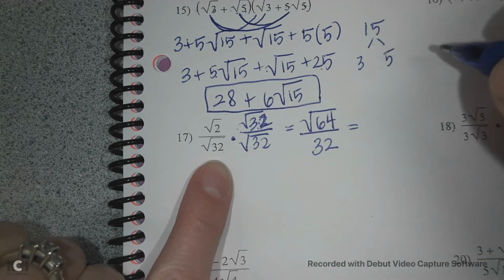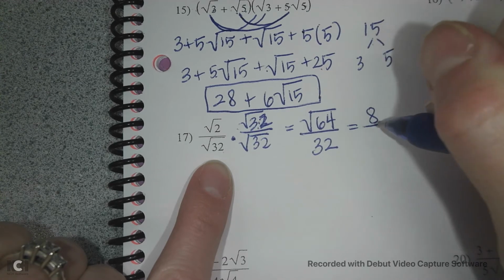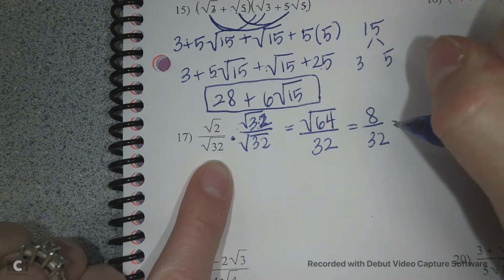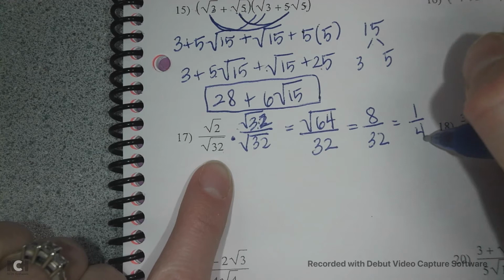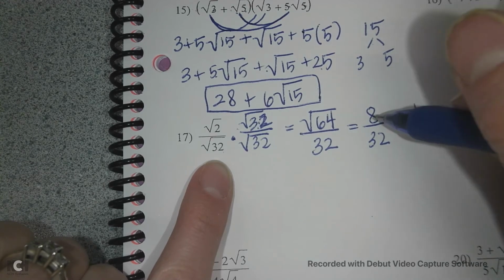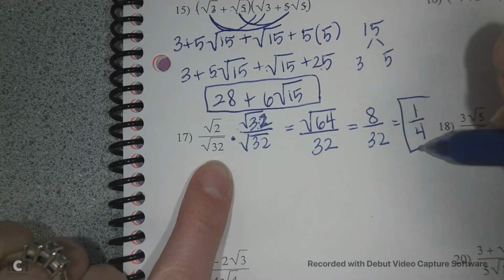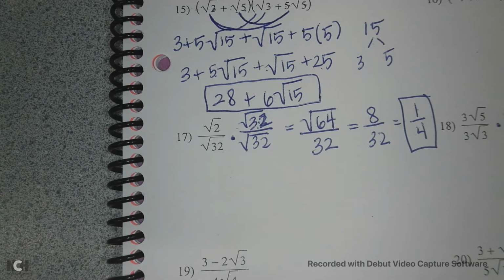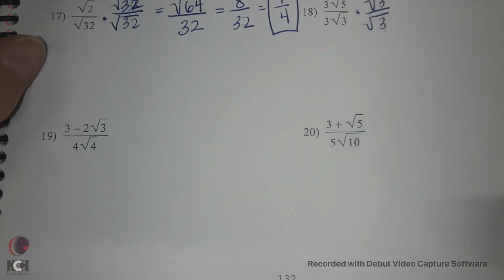On the top here, the square root of 64 is 8 over 32, and then this reduces to 1/4 because 8 goes into 8 one time and 8 goes into 32 4 times. Isn't that fancy?